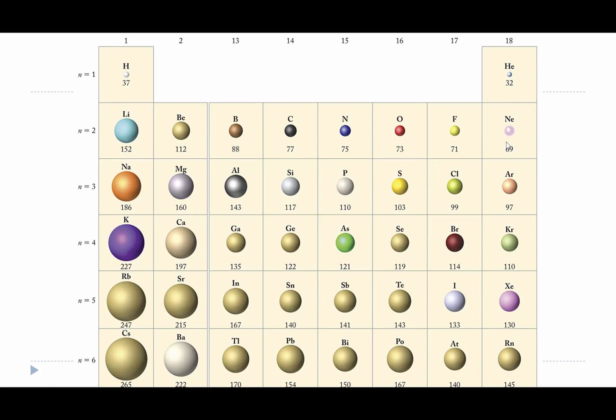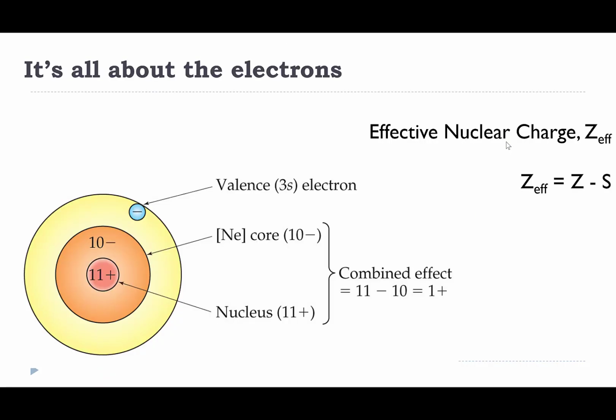To understand why, we've got to talk about one other thing, a tool we have to put in our tool belt before we can understand atomic radius. The thing that affects left to right is called effective nuclear charge. Effective nuclear charge is basically the interaction between valence electrons and the protons in the nucleus.